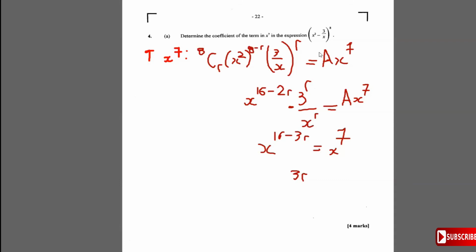Let's check again to make sure this is fine. 8 choose r, x squared to the 8 minus r. Oh, this is minus 3 over x, by the way. Minus 3 over x.